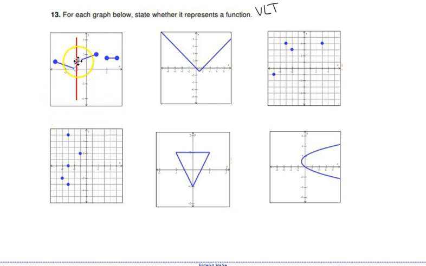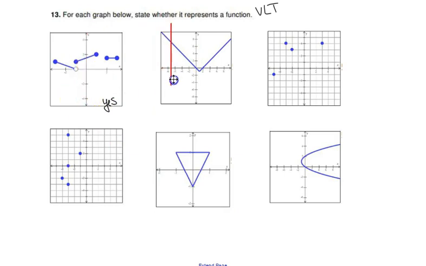Yes, it does, because if you'll notice, I have a solid dot on top of an open dot, and in that case, it passes. So we have yes. Take my test line. Pass, pass, pass, pass, pass. Yep, passes everywhere. That would be a yes. Oh, I don't like that line. Okay, points, we're good.